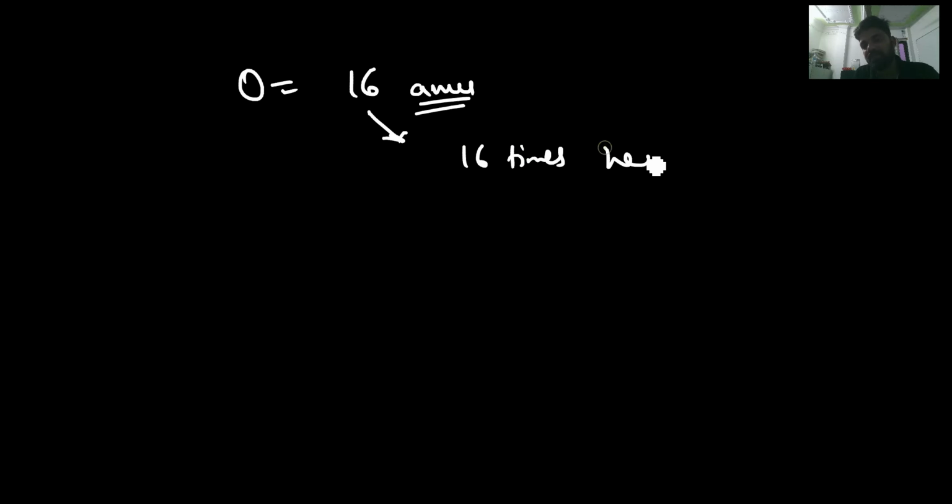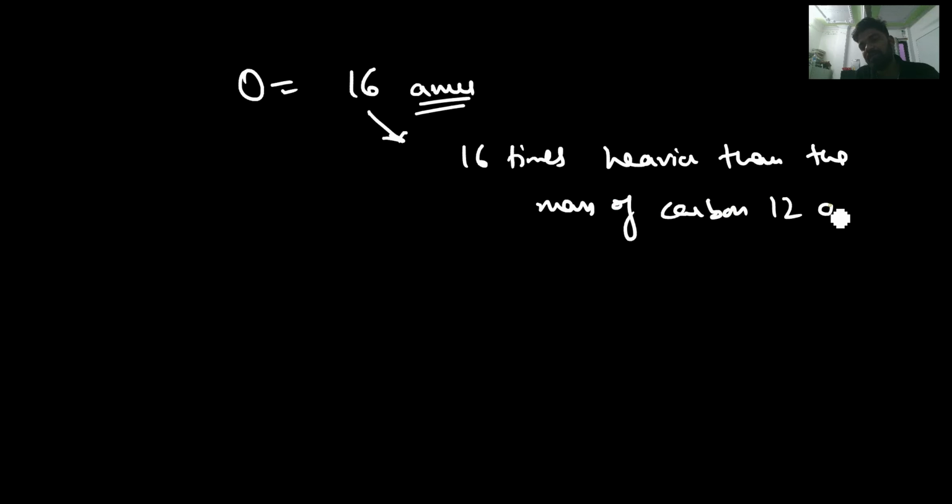If I say the mass of an oxygen atom is 16 AMU, it means this oxygen atom is 16 times heavier than 1/12 the mass of a carbon-12 atom. Let me explain where this comes from.